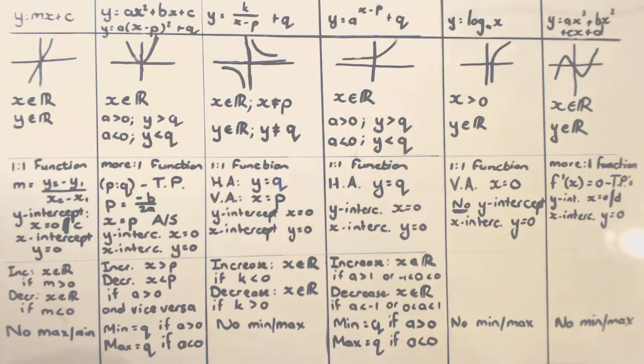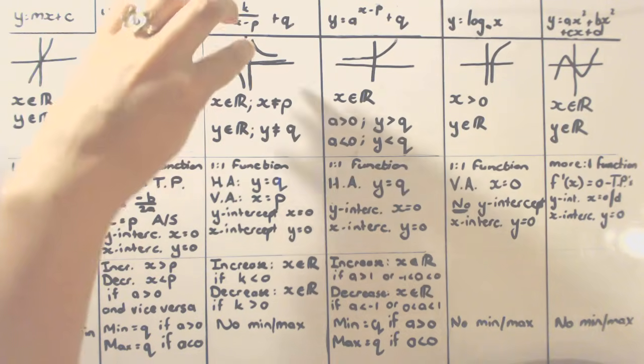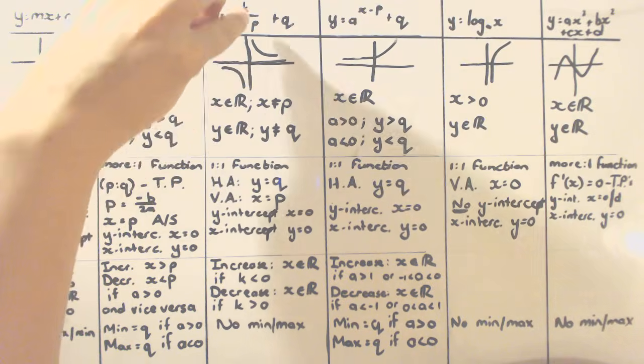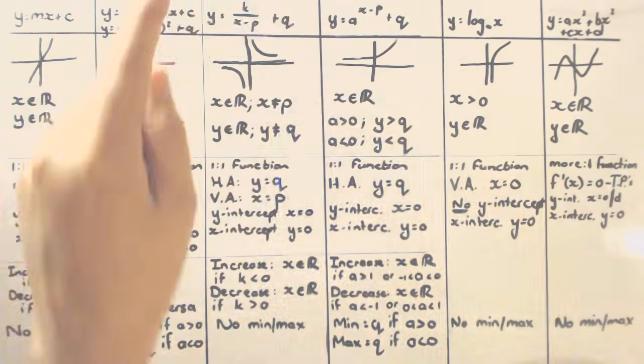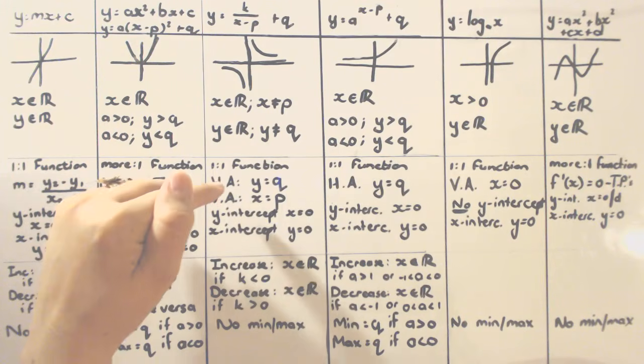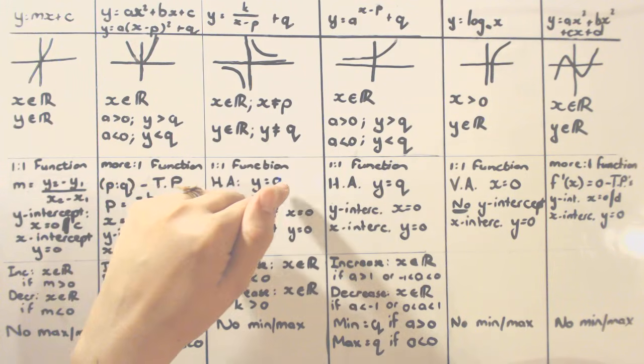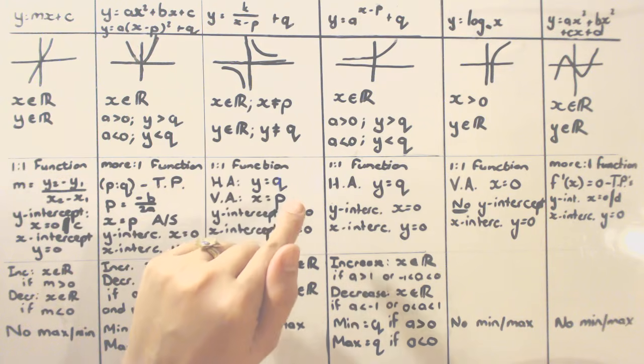it has two asymptotes, right? There, between these two curves and there. Now I can move that sideways and up, but I know my horizontal asymptote is q and my vertical asymptote is p.